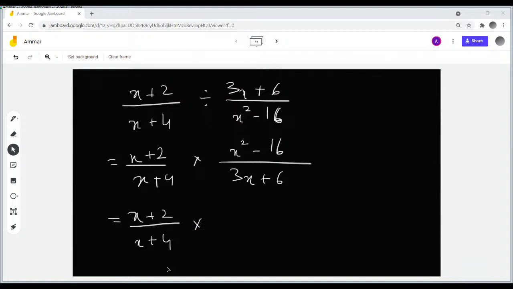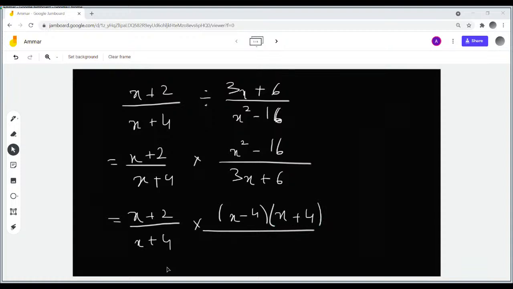We have got the negative sign in both terms, so this will get broken down into x minus 4 into x plus 4.